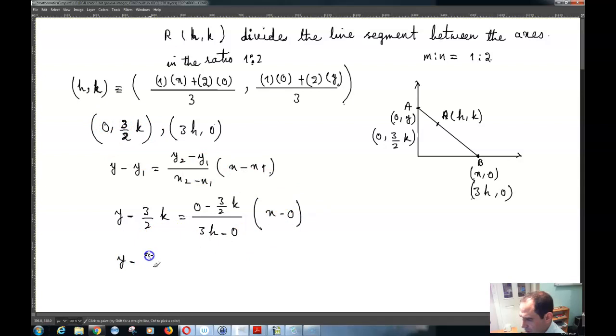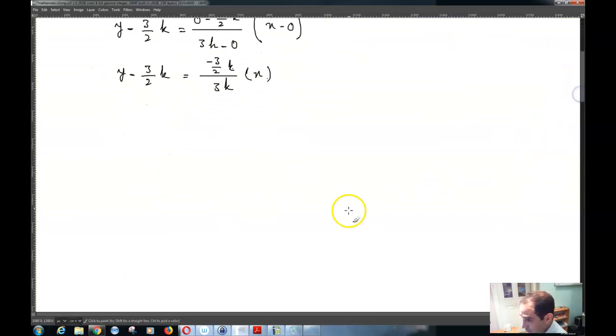So y minus 3/2 k is equal to negative 3/2 k over 3h times x. Now 3/2 divided by 3 is the same thing as 3/2 times 1/3, which is equal to 1/2. So there must be something wrong here. This is an h.